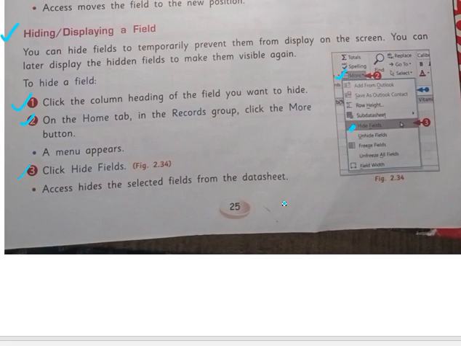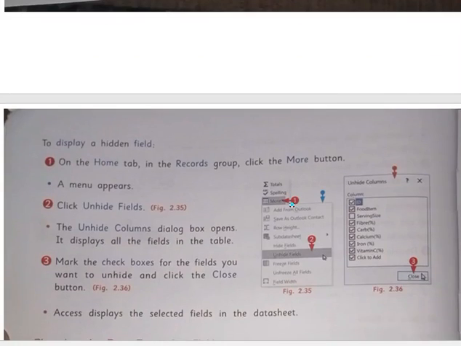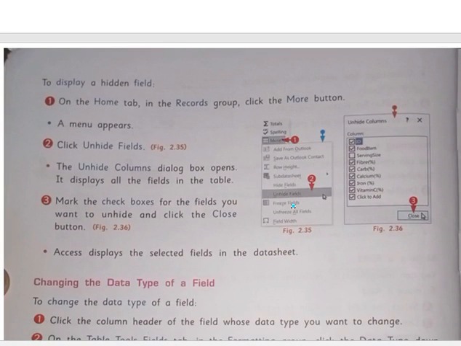Now how will you unhide it, or display it again? To display the hidden field, first click on the Home tab, and in the Records group click the More button. A menu will appear, and in that click number 2, Unhide Fields.